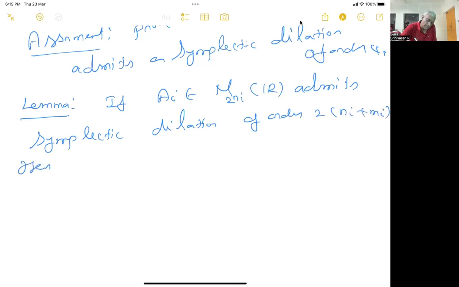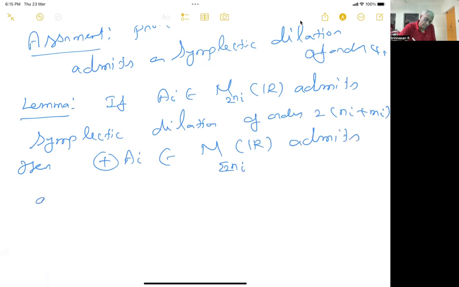Then the direct sum of the A_i, which is in M of the summation of N_i, admits, we just have to take the direct sum, but then some permutation is needed.